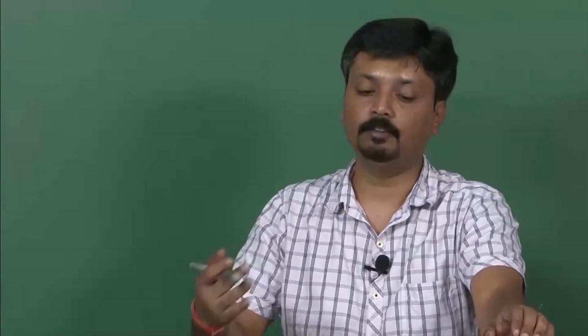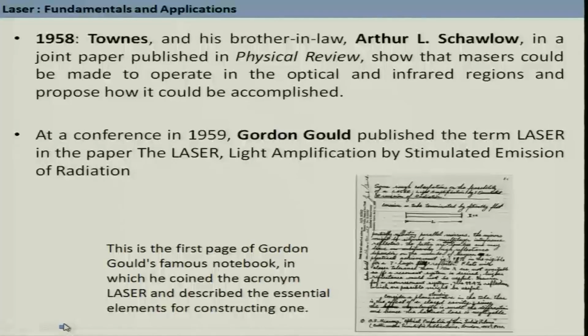He is the person who used this term for the first time, light amplification by stimulated emission of radiation, in 1959 at a conference where he was presenting his paper. You can see on your screen a copy of Gordon Gould's notebook, where he has described how one can actually make this laser. But till then, no luck with a laser.